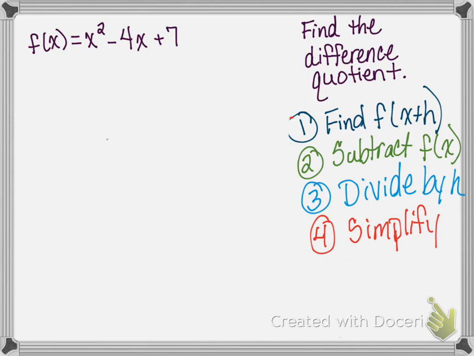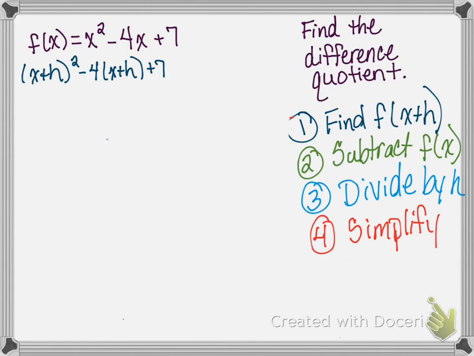So instead of plugging in x, I'm plugging in x plus h everywhere there's an x. So I have x plus h squared minus 4 times x plus h plus 7. That is step 1. All of that is step one. And in a minute, we're going to simplify each part of that because we've got lots of simplifying that we need to do there.